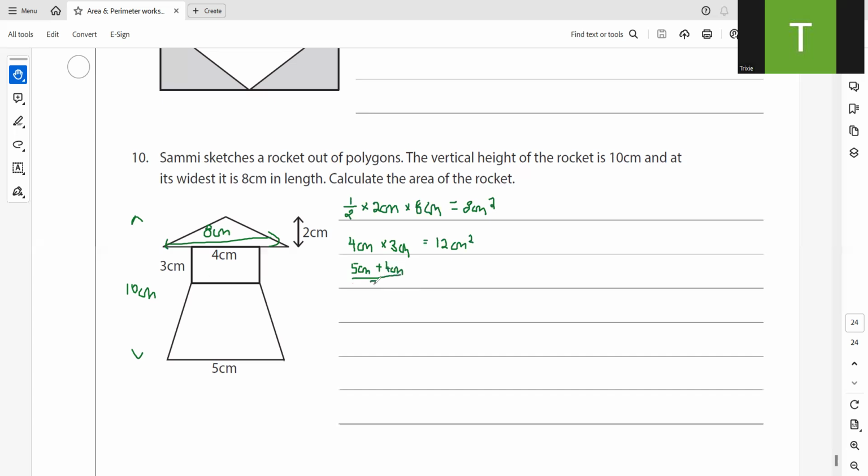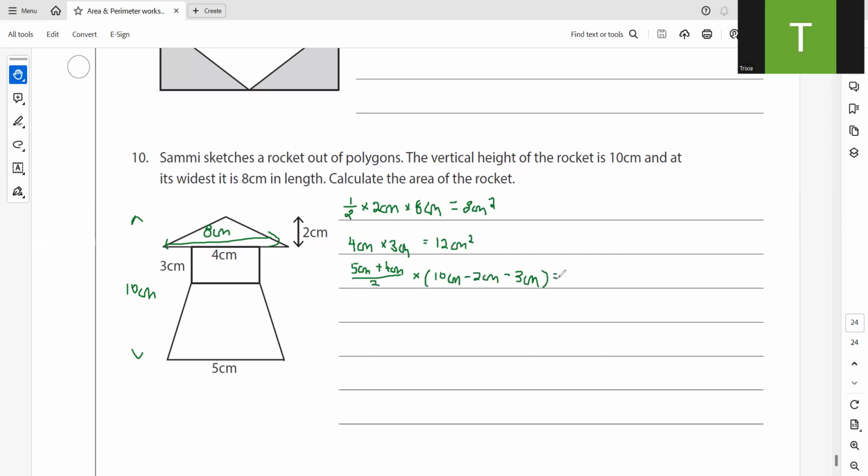And then divided by 2 and then times height. The height is actually not given, but we can find it by taking the total height of the whole rocket, minus the height of the triangle, which is 2 cm, and then minus the height of the rectangle, which is 3 cm, and we'll get the height of the trapezium.